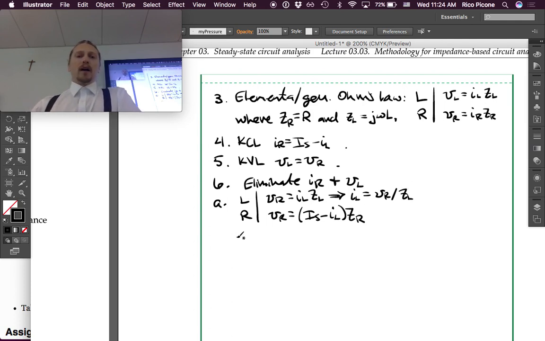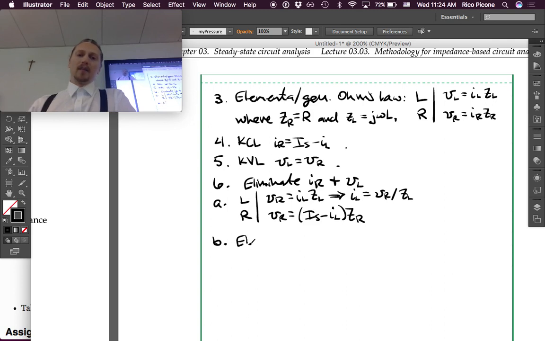Okay. So we eliminated 2 variables. Let's eliminate our remaining variable to get IL, which is the first part A was asking for, what IL is.